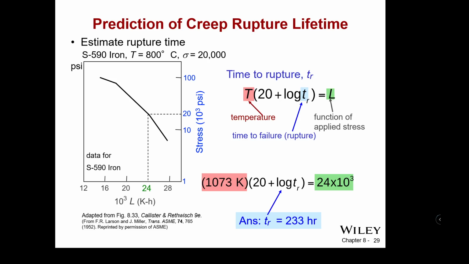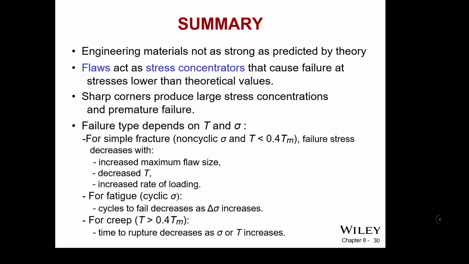That's Kelvin hours, is approximately 233 hours. So given what this iron's going to be subjected to, 233 hours is your expected time to failure.